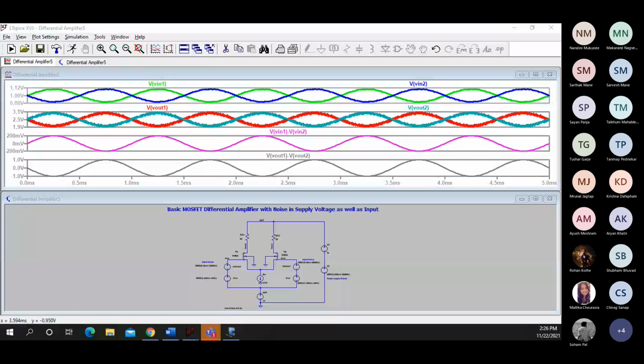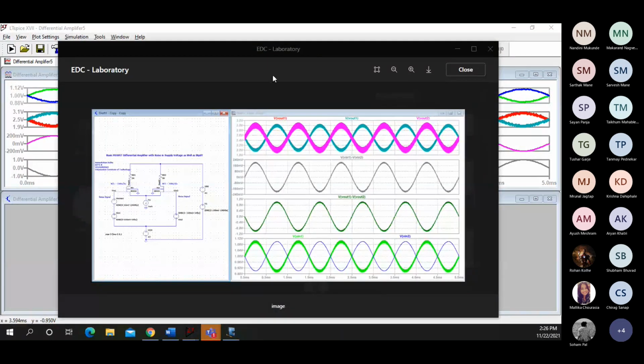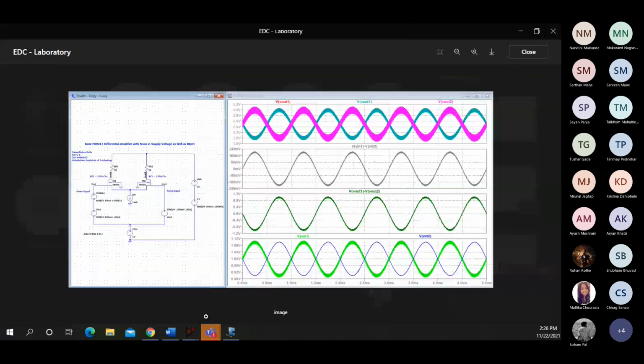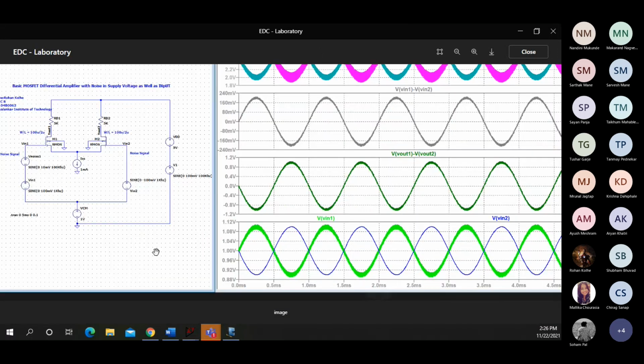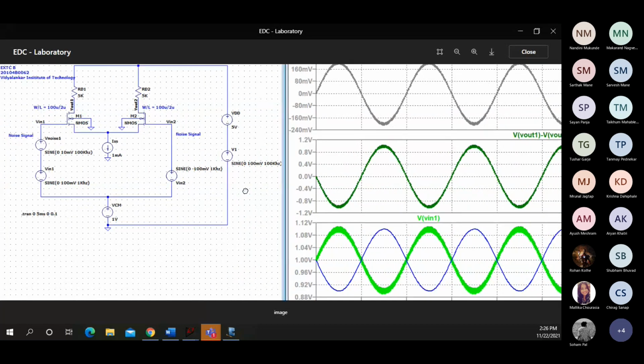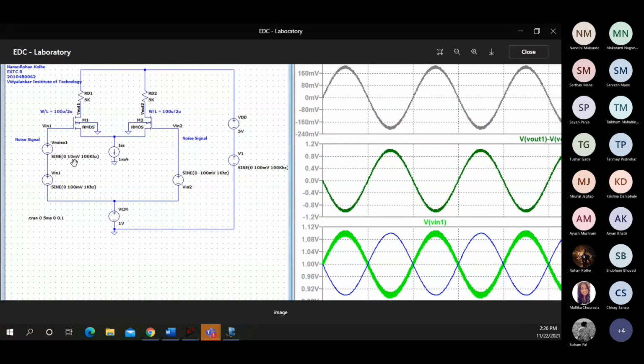Yeah, because you can see here, actually noise is there, but in one the noise is more, in the other the noise is less. That is because you can see here it is 10 millivolts and here it is 100 millivolts.